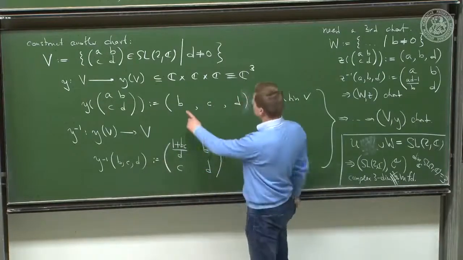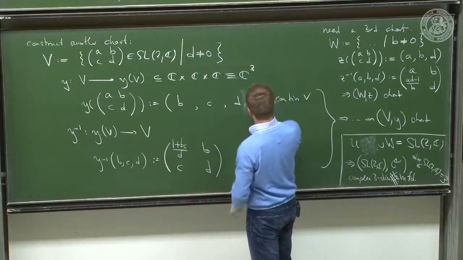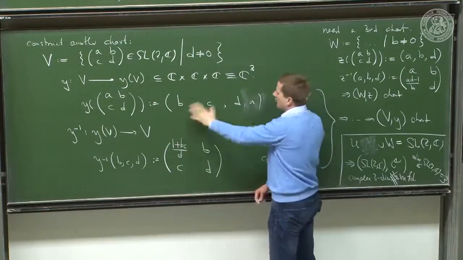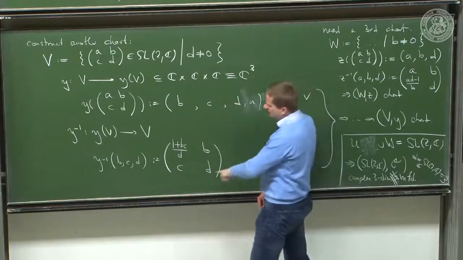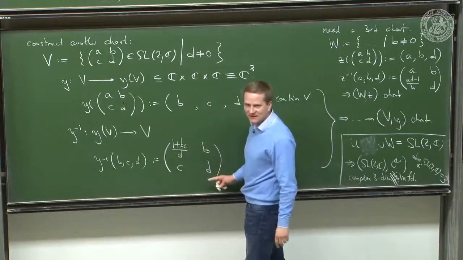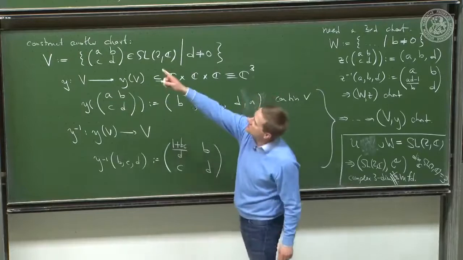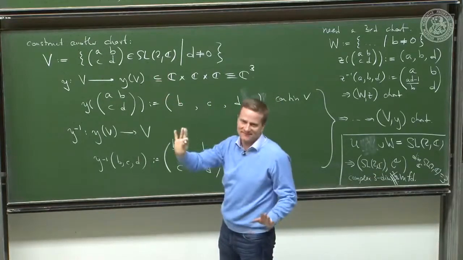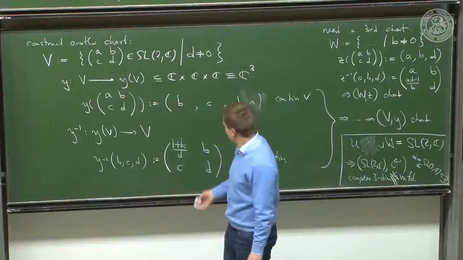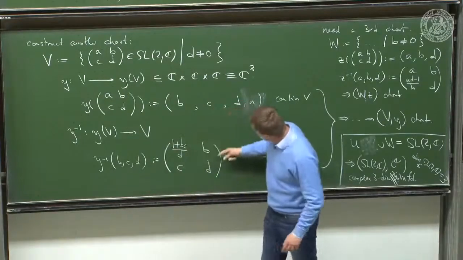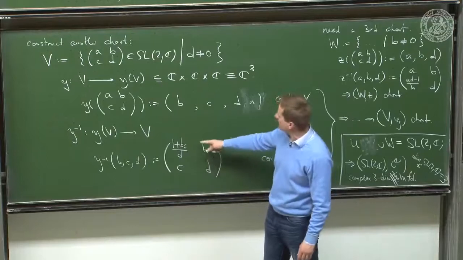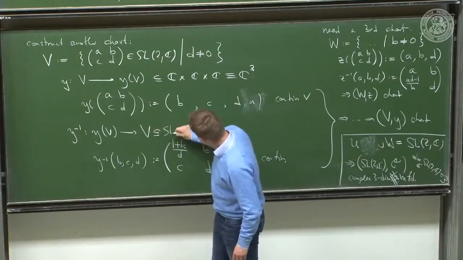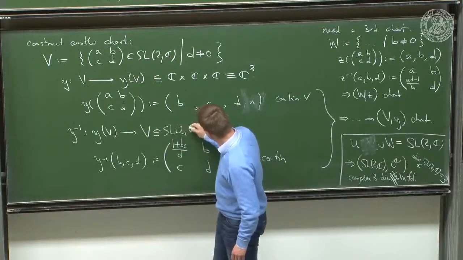If I can choose A, B, C, D independently, that's the idea. If you're in C^4, they're all independent. Then you can go back and construct A, B, C, D, but you do not land in SL2C. You land in C^4. So in principle, once you did this, you have to check whether you are in SL2C, because you're claiming you go back to V, and V is a subset of SL2C.